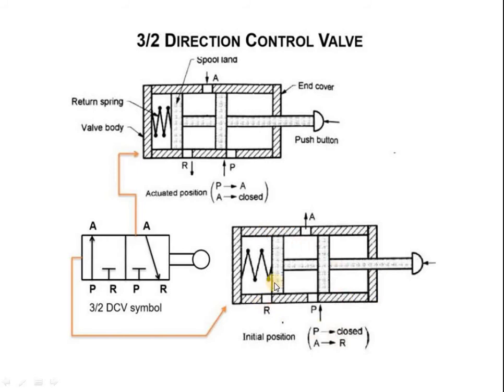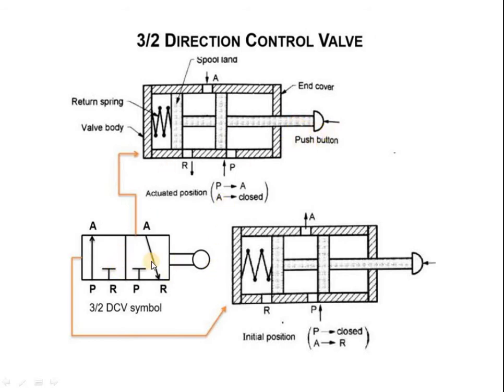In this figure, the compressed or high pressure air is flowing from the pressure port to the working port. In the symbol also you can see the arrow direction showing flow from the pressure port to the working port A, and through this port it goes to the actuator, which will execute the working stroke.